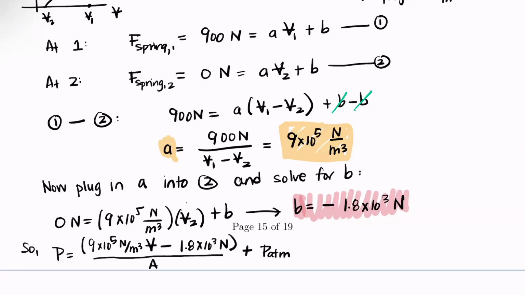Right? So this means that pressure varies linearly with volume.